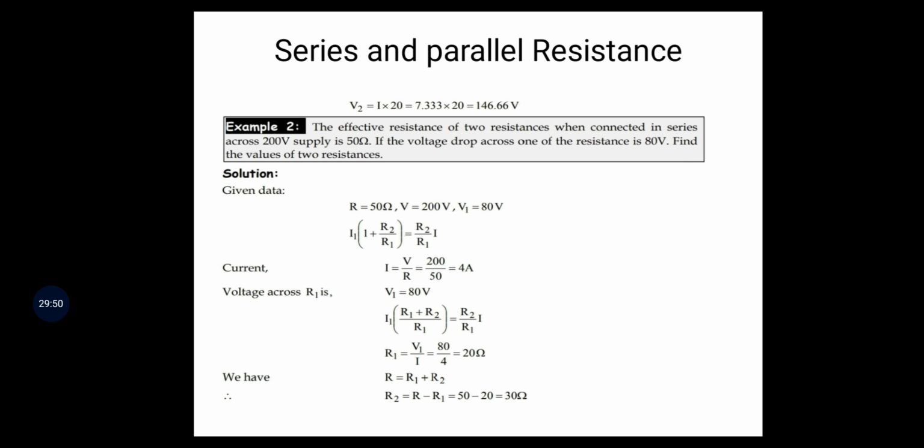Here R equals R1 plus R2, and we want to find the R2 value. R2 equals R minus R1, that is 50 minus 20 equals 30 ohms. Thank you very much.